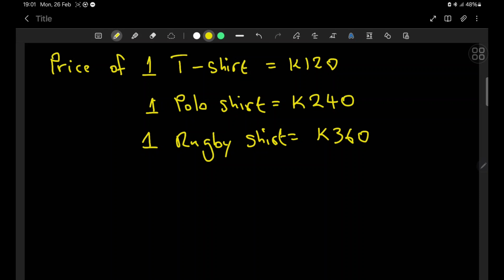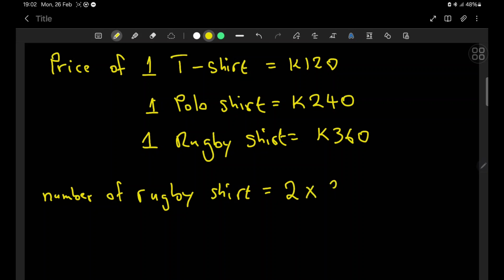Then in terms of the data given, we're told that if you want to have twice as many rugby shirts as polo shirts, so the number of rugby shirts should be 2 times the polo shirts that we get.